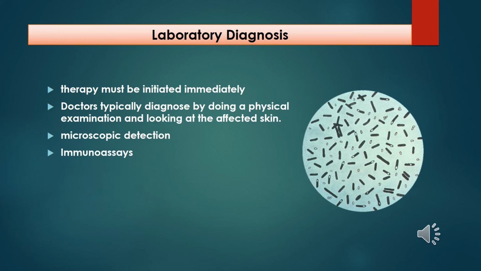The laboratory performs a confirmatory role in the diagnosis of clostridial soft tissue diseases because therapy must be initiated immediately. The microscopic detection of gram-positive rods in clinical specimens, usually in the absence of leukocytes, can be a very useful finding because these organisms have a characteristic morphology.